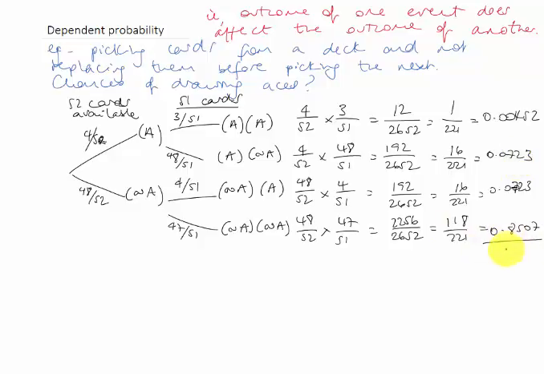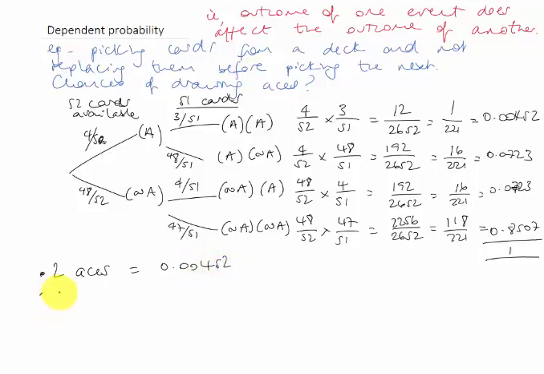Okay, and then this is an exhaustive list of possibilities. These will add up to 1. So let's just work through the different possibilities that we might want to think about. Two aces, that's this, 0.00452.